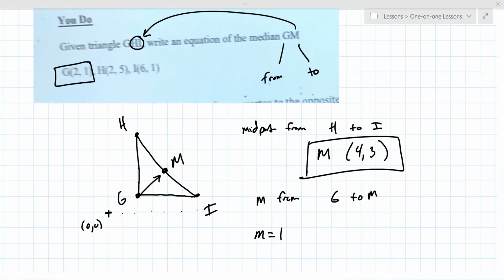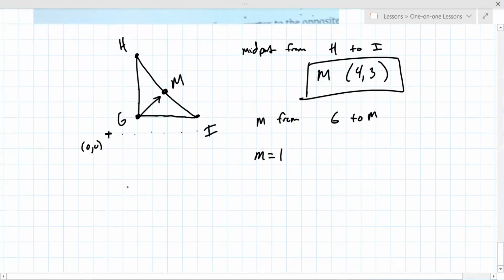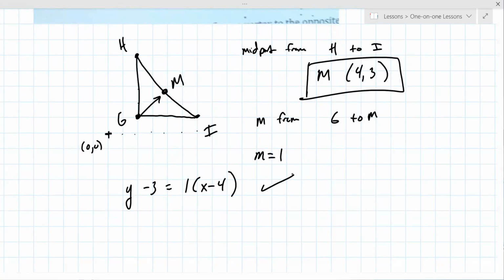I did y minus 4 equals 1x minus 3. You're just a little soft there. y minus 3 equals 1 times x minus 4. Is that what I heard? Yes. Okay, so remember, sometimes we want to put the 4 first, but that's not exactly what's needed. So let's just say you had to solve this for y.